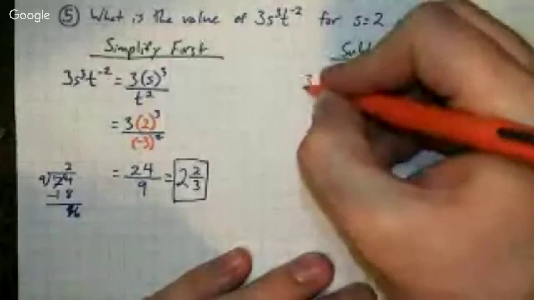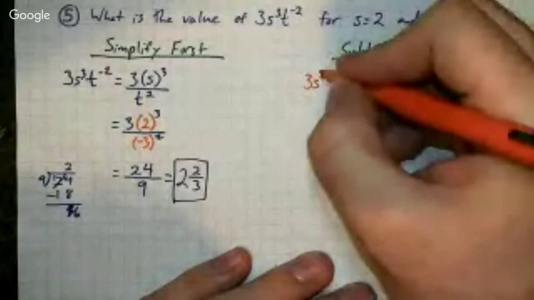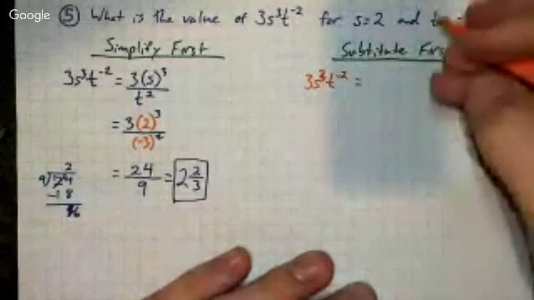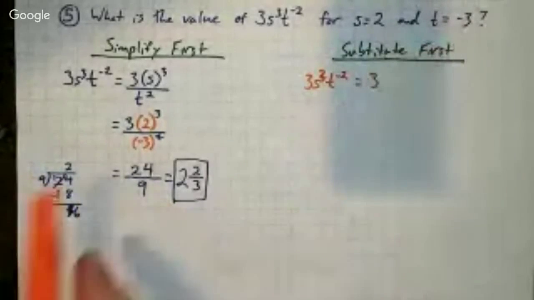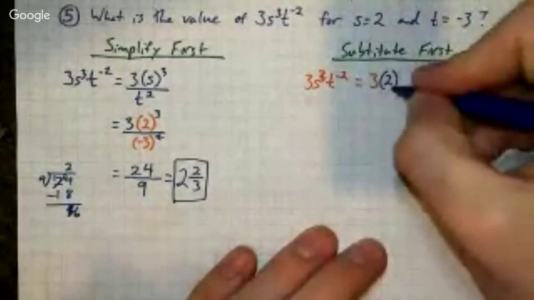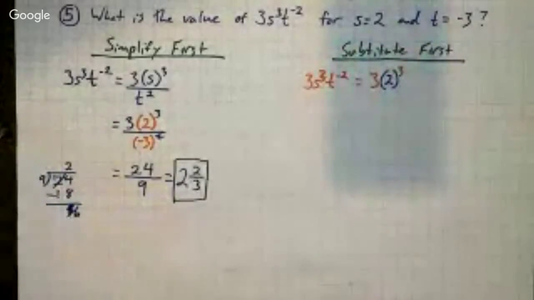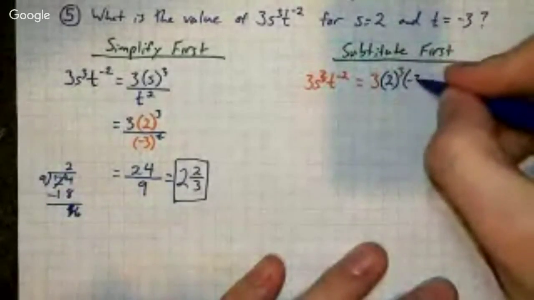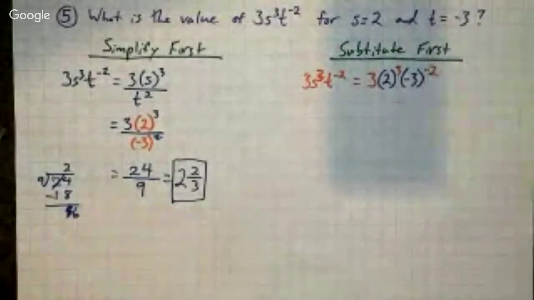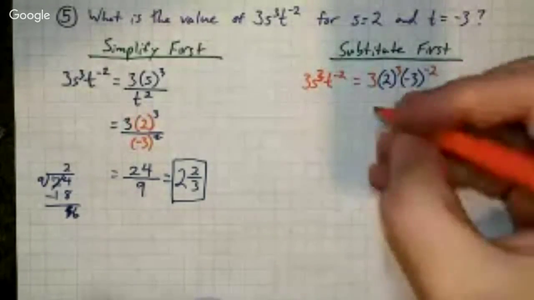Okay, now let's go over to where we substitute first and see if we do the same thing. First of all, we write out 3 s to the power of 3 t to the power of negative 2. That will then equal, we substitute in, 3 times 2 to the power of 3 times negative 3 to the power of negative 2. All right, then we just go ahead and start to do our work this way.